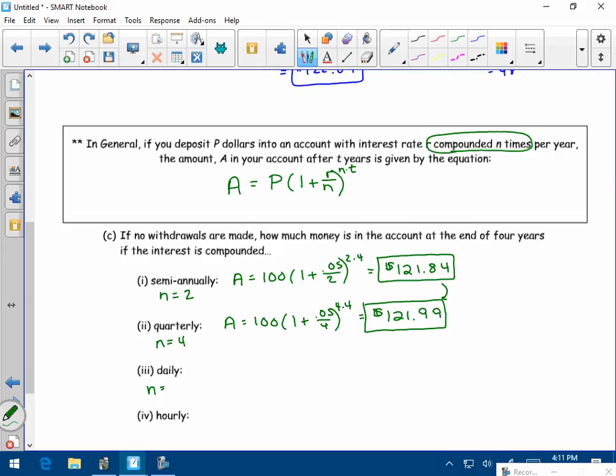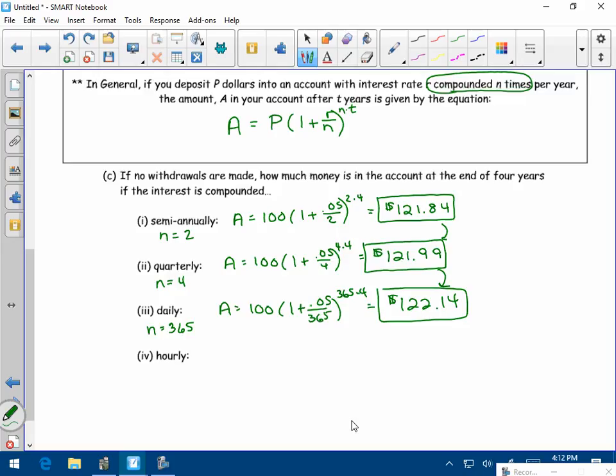What would N be? 365. So A is 100 times 1 plus 0.05 over 365 to the 365 times 4. That rockets you up to $122.14. Still more, but not all that much more for that big of a difference in how many times I compound.